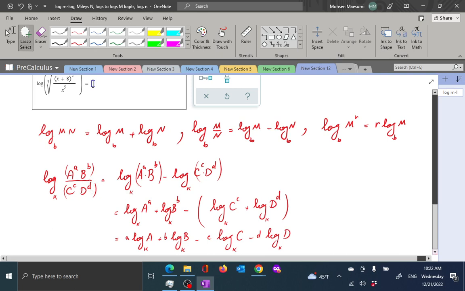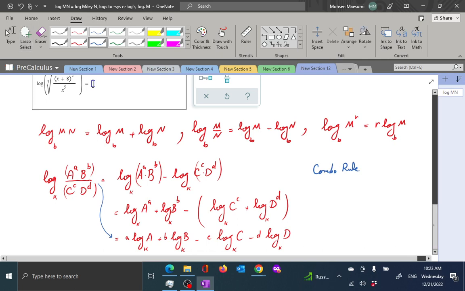So let's do it in one single sweep here. See, the exponents come in front, the items in the numerator are added, the items in the denominator are subtracted. So that's, if you wish to call it, a combo rule. It's just we combined all of these rules that we had in a single example and then we are going to apply it.